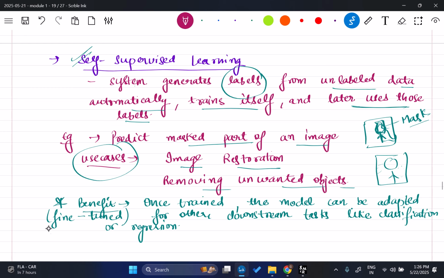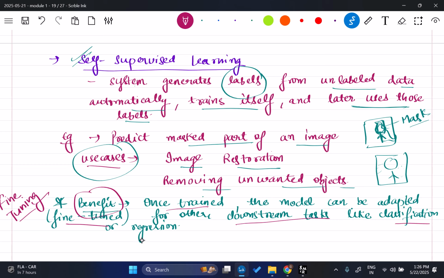One of the benefits of self-supervised learning is that once you have trained the ML model, the model can be adapted. We call this concept fine-tuning, or a fine-tuned model, for some other downstream tasks which are similar to that.